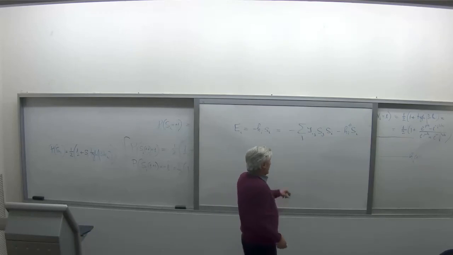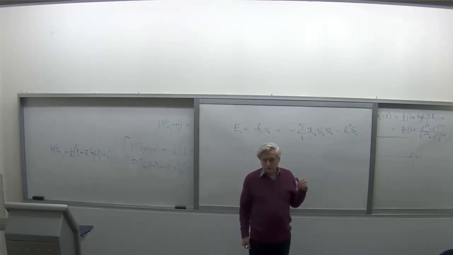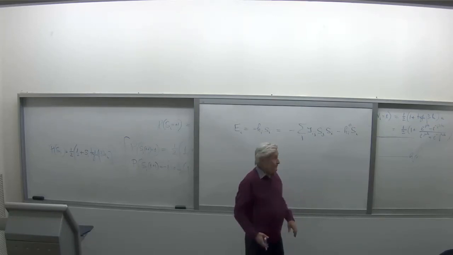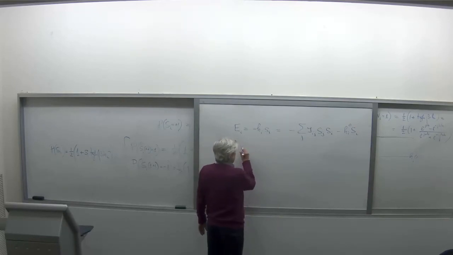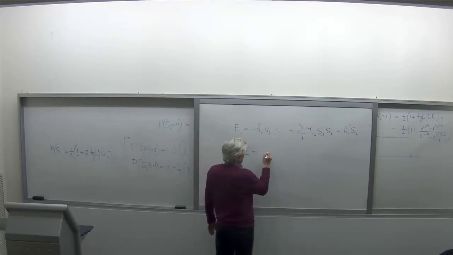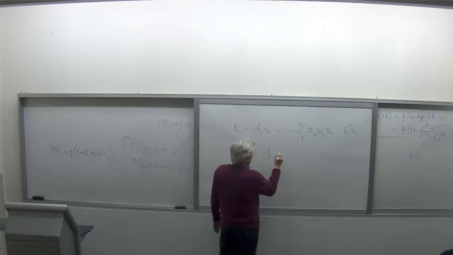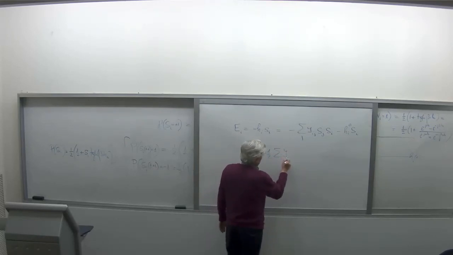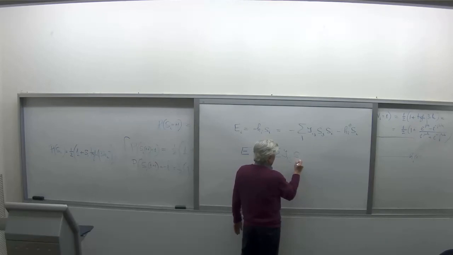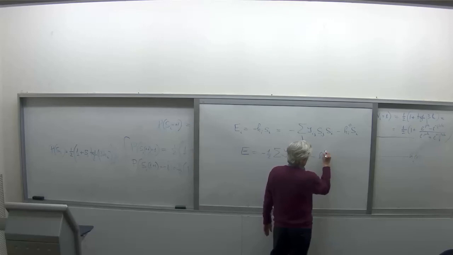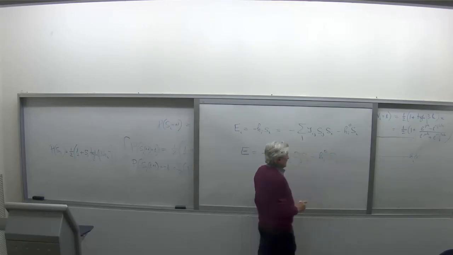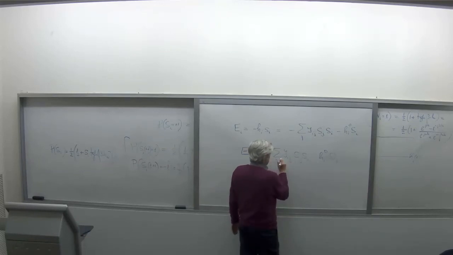I could be 1 and J could be 2, J could be 2, I could be 1. Instead, in order not to double count, I have to divide this by 2: 1/2 J_IJ S_J S_I minus H_I0 S_I, summed over I and over J.